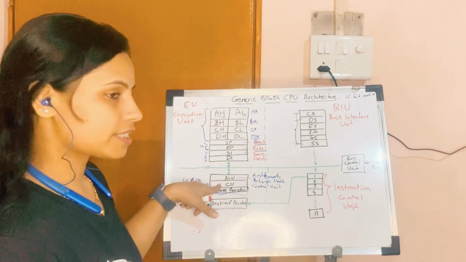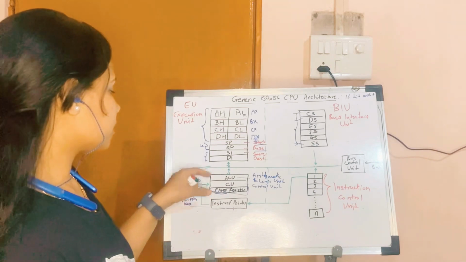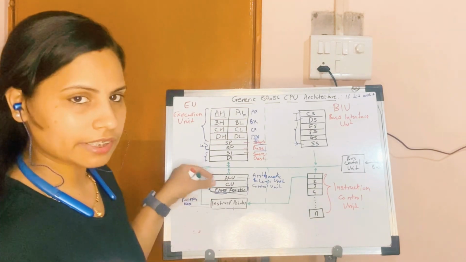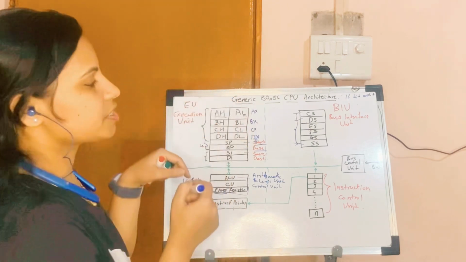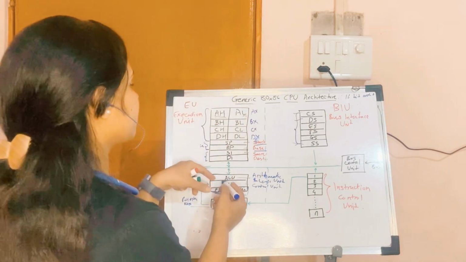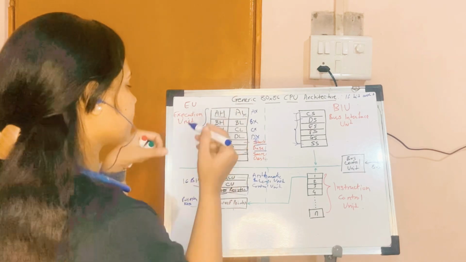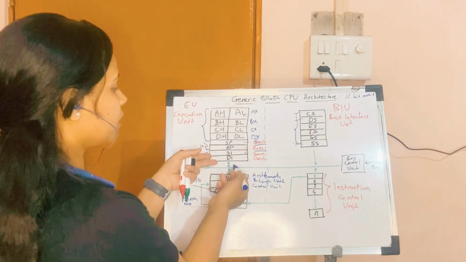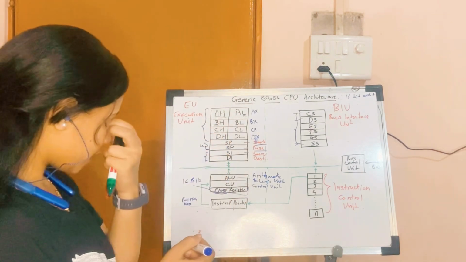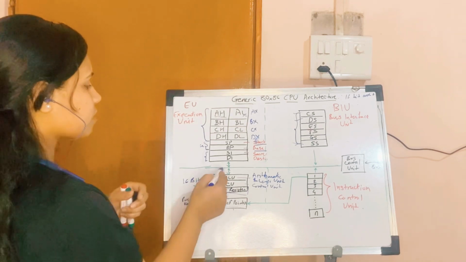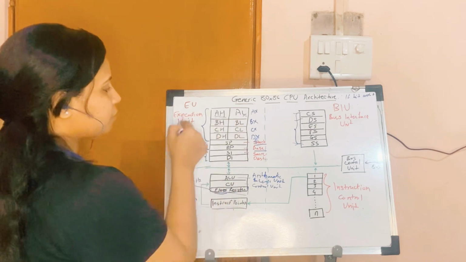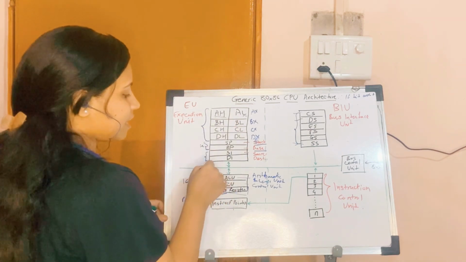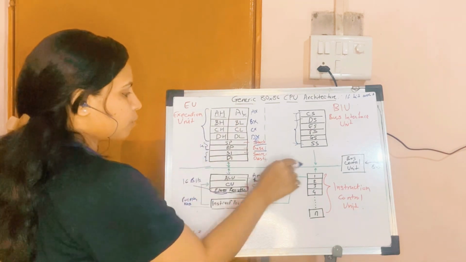The control unit decides where this calculated data needs to be sent. It has to be sent to the general purpose registers, or to these pointer registers, or to the index registers. In this way it decides which register will work on the data, and after processing the data it sends the result through the bus.